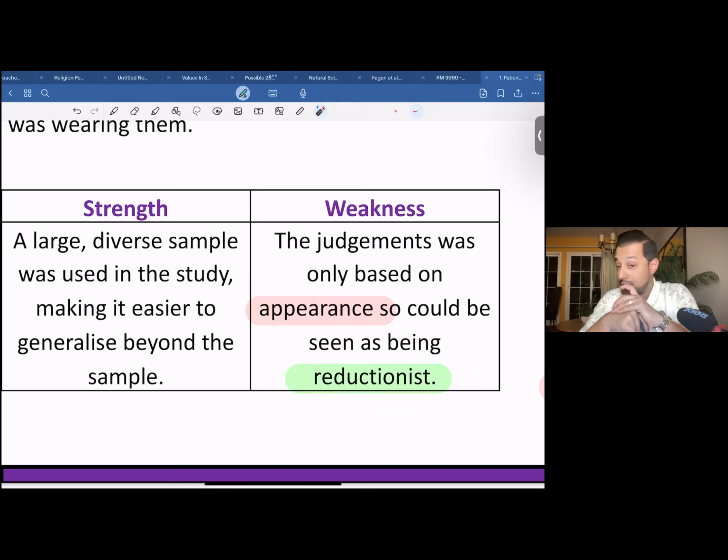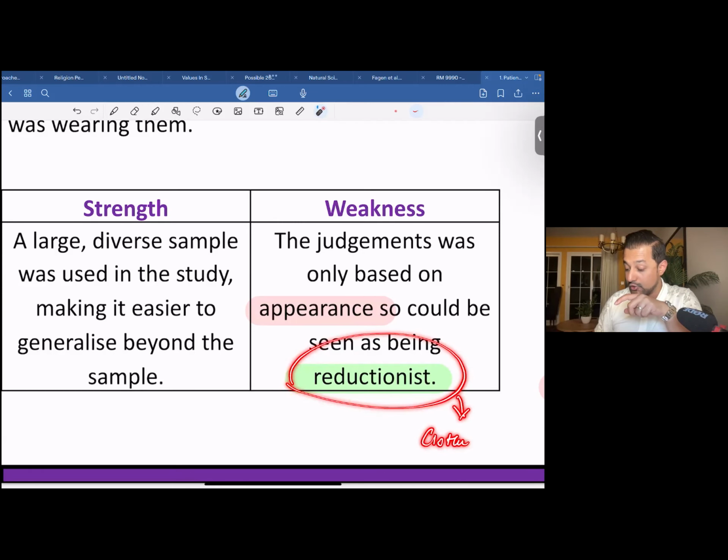When we talk about the patient-practitioner relationship, communication between the patient and the practitioner, I'm sure you'd all agree that the attire or clothing of the doctor isn't the only factor, right? When we refer to this as a reductionist approach, it is just the clothing that has been taken into account. Yes, clothing does matter.